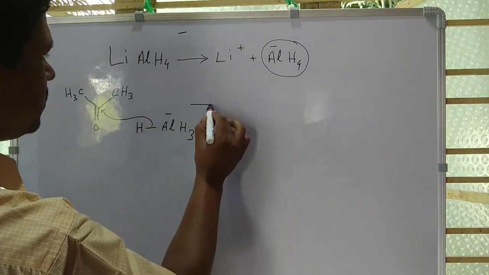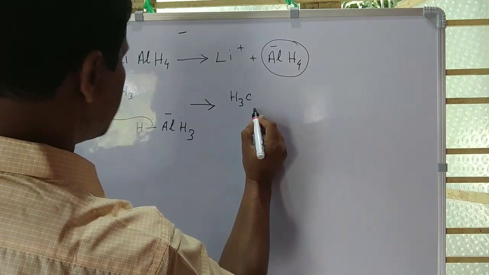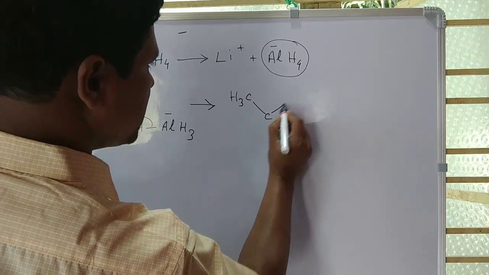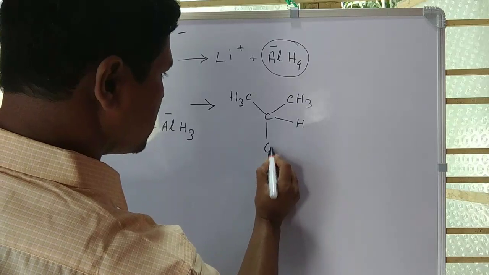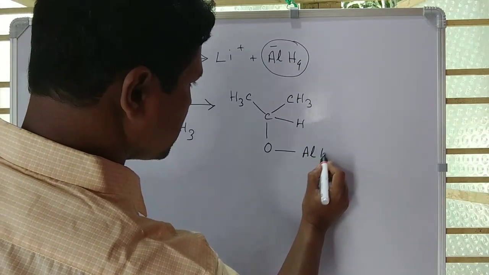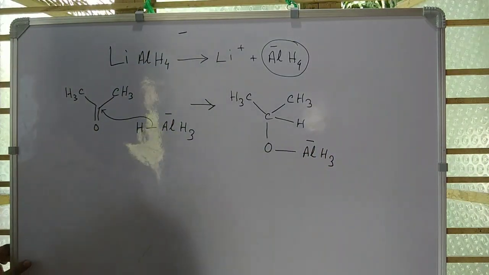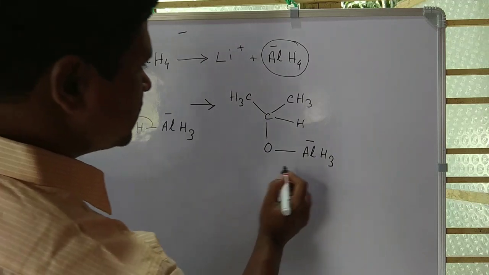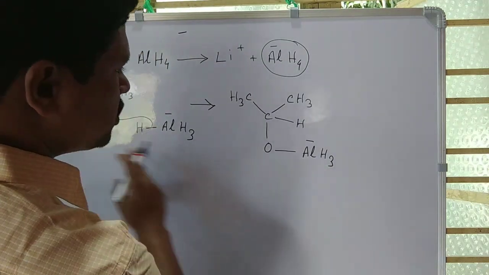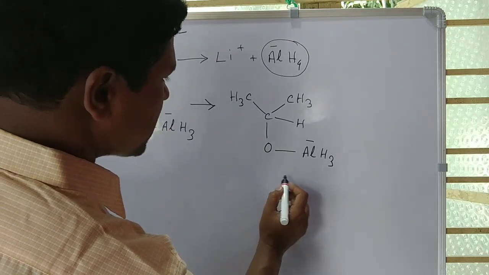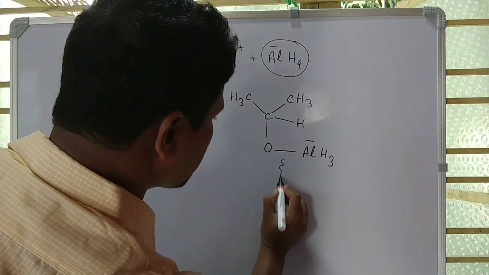Therefore, we get CH3 that type of ions. These hydride ions again react with the acetone, another three molecules of acetone, that is successive hydride transfer occurs.